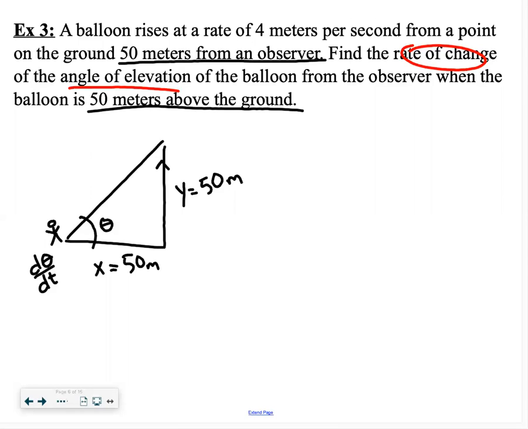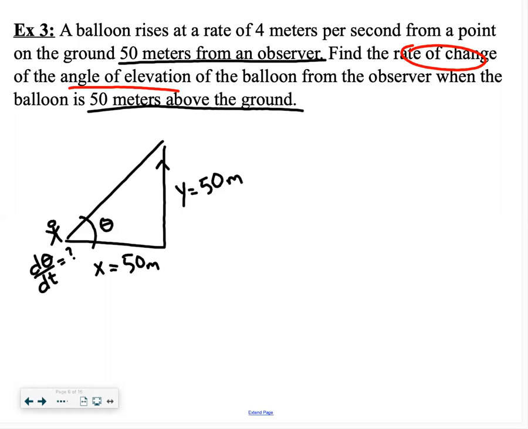That's what it means by rate of change of angle of elevation, so that's essentially what we're looking for in this problem. You're not going to use the Pythagorean theorem. It has nothing to do with side lengths or the distance between the observer and the balloon. It has to do with rate of change of angles.